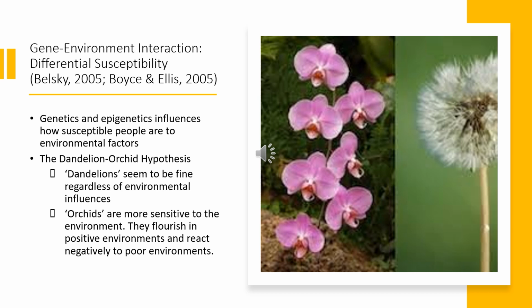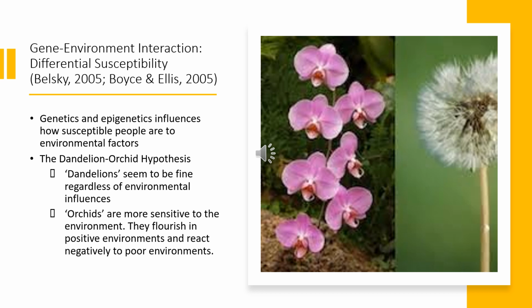And so what the dandelion and orchid hypothesis says is that dandelions are less sensitive to environmental influences, and orchids are more sensitive to the environment, for better or for worse. And so they do better when the environments are really great, and they do worse when the environments are really poor. So basically, just like dandelions can grow everywhere, orchids really only flourish in environments that are ideal for their conditions.